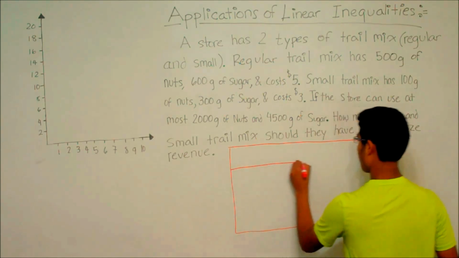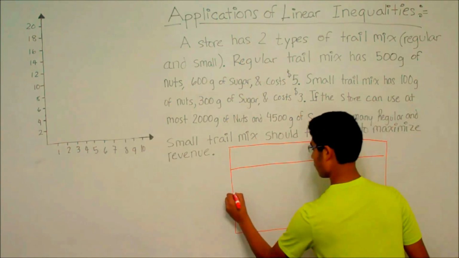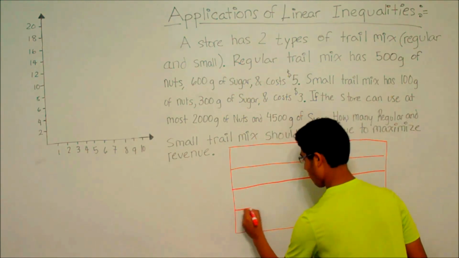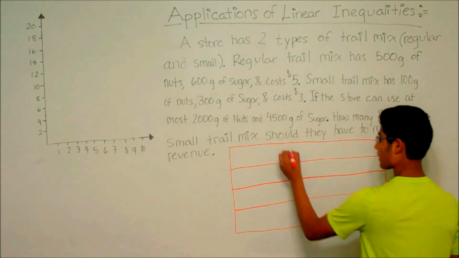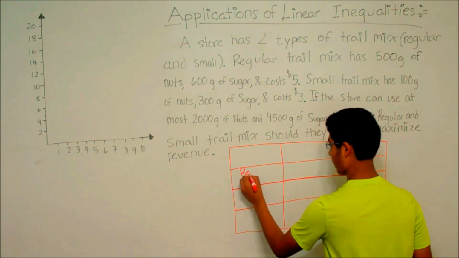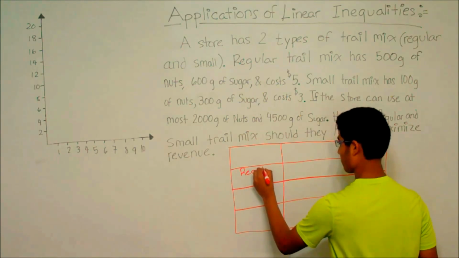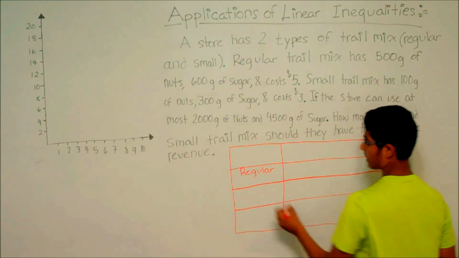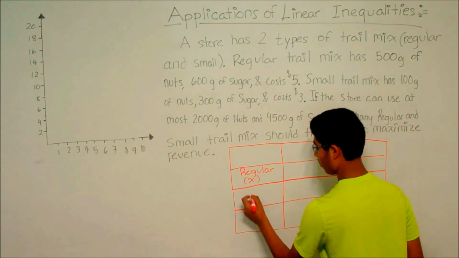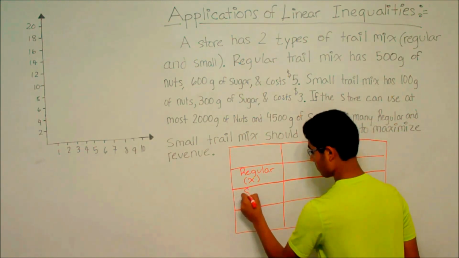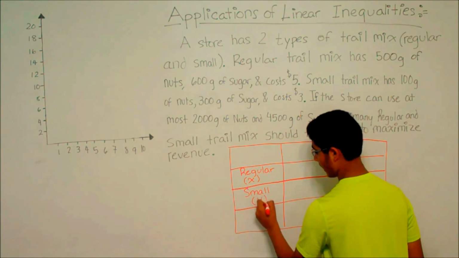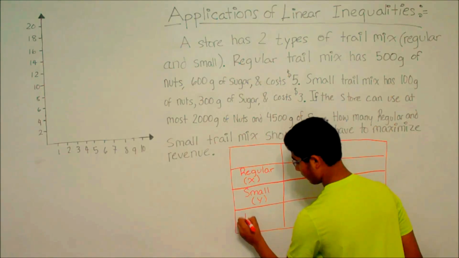So in the first column, we're going to have the regular trail mix, and we're going to give this the variable x. In the second row, we're going to have small trail mix, and this is going to be y. And in the third one, we're going to have totals.